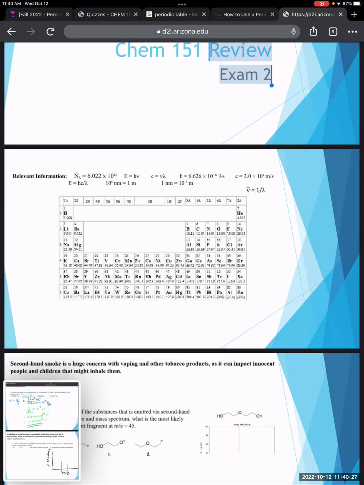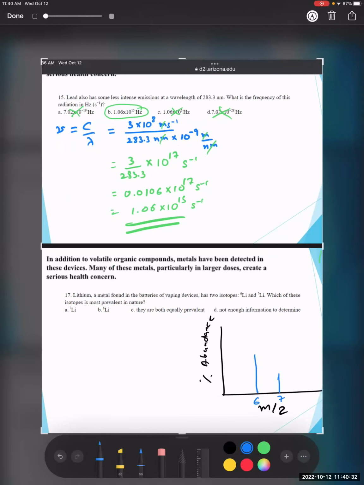Let me get another periodic table which is clearer. Okay, here we go. We see that in the periodic table, lithium has a relative atomic mass of 6.941, if I'm saying this correctly.